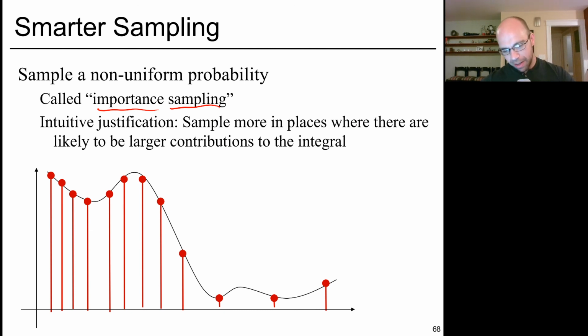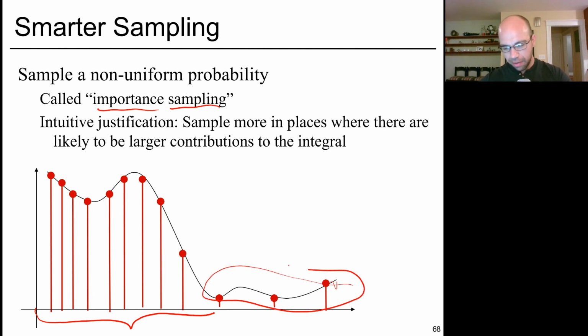The idea is that if I have a function like the one I'm showing you here, by the way, our functions tend to be non-negative in rendering, then the interesting contribution is really happening on the left-hand side, right? For example, if there's a dip over here, I would like to see it because that's going to actually affect the color of my pixel. Here, there's not very much interesting going on.